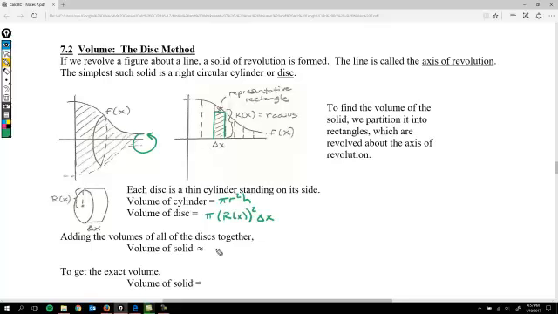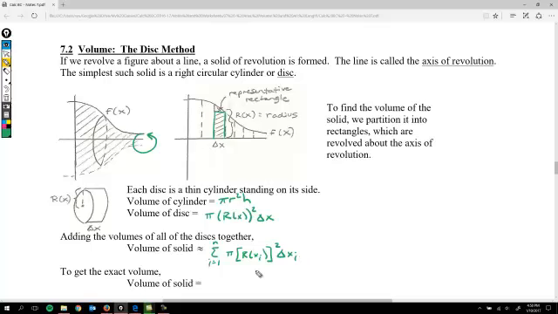If I wanted to find the volume of the solid altogether, I could represent that using a summation from 1 to n of my volume. This is very similar to the process of going to integrals. If I want to find the exact volume, I'm going to have to do this where n is infinity.